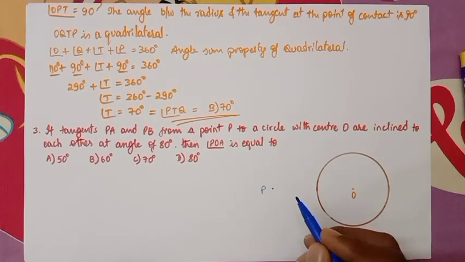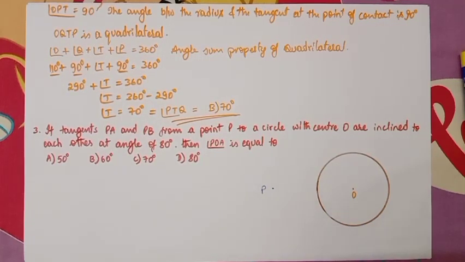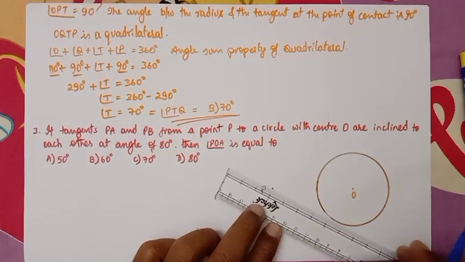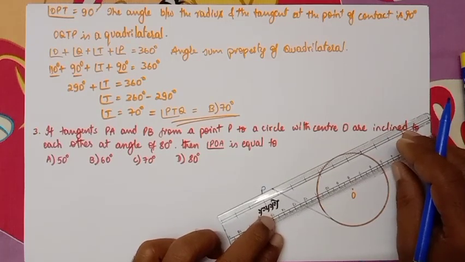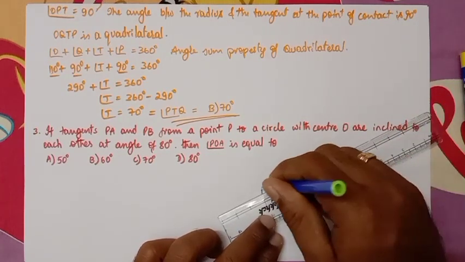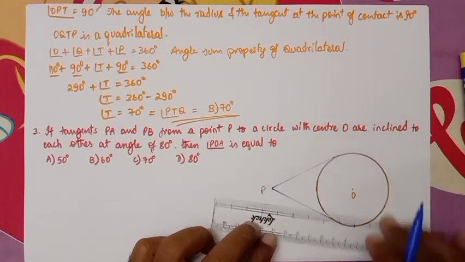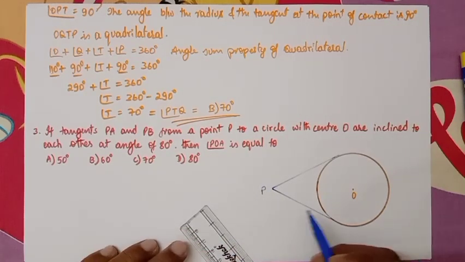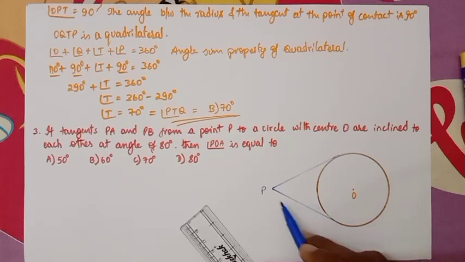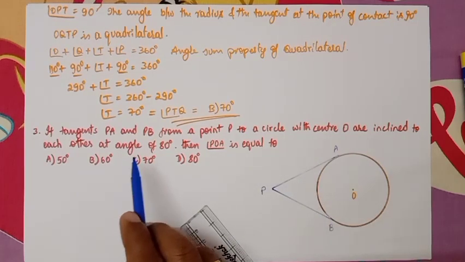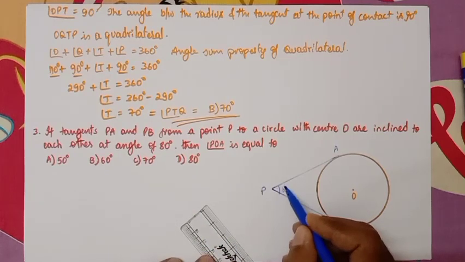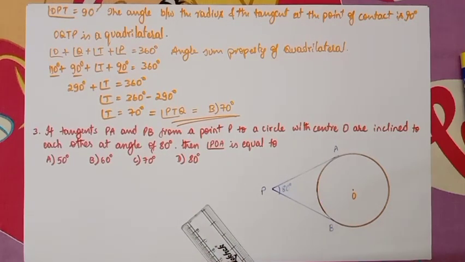So here there is a point P. With this point, let me draw two tangents to the circle. And here, let this be PA and this be PB. Yes, right? The two tangents are inclined to each other at an angle 80 degree. Here is 80 degree.